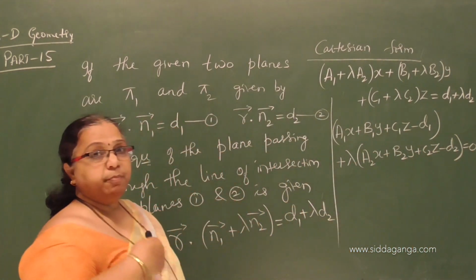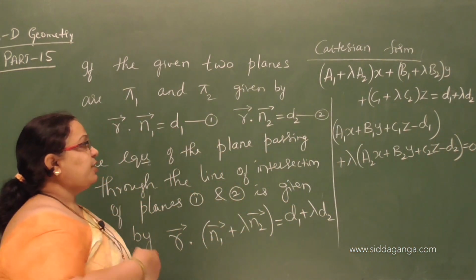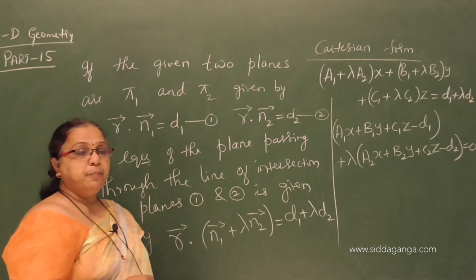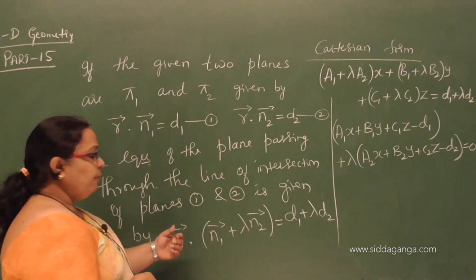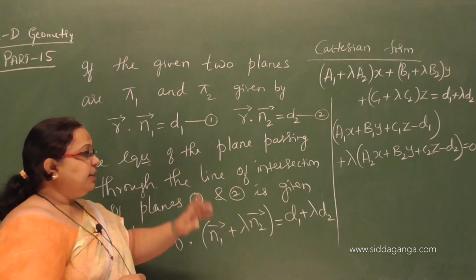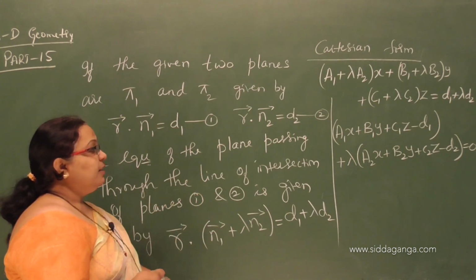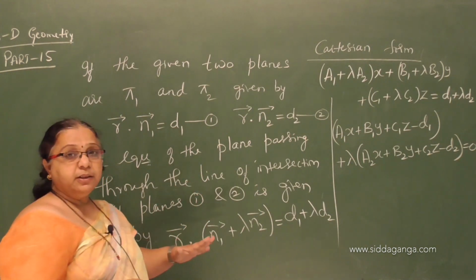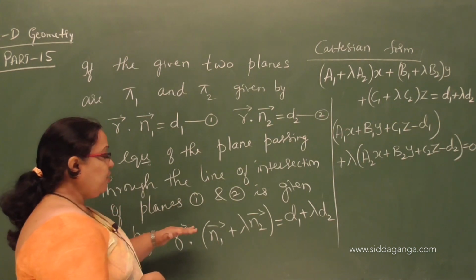So that represents the Cartesian form of the plane. This is the vector form and that is the Cartesian form. Now we have to solve the problems based on this.